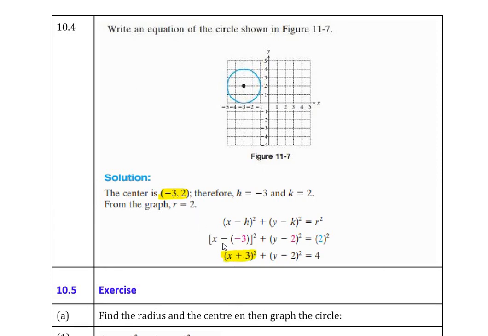And then plus, and then if there's 2 there, it must be y minus 2 over here, because the brackets equal to 0 must give me my 2 back. And then the radius, I can clearly see the radius there is 2, because from -3 to -1, or any other way you look at it, 0 to 2, etc., and then we will have equal to 4.